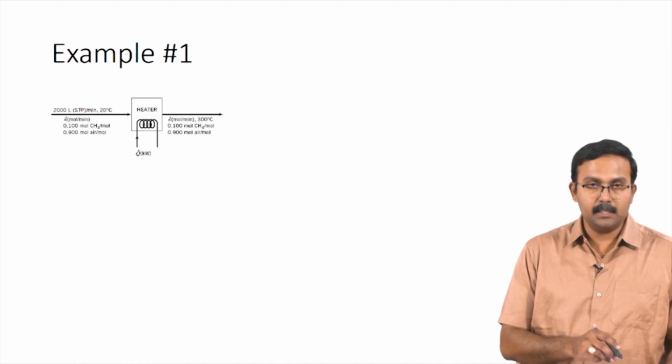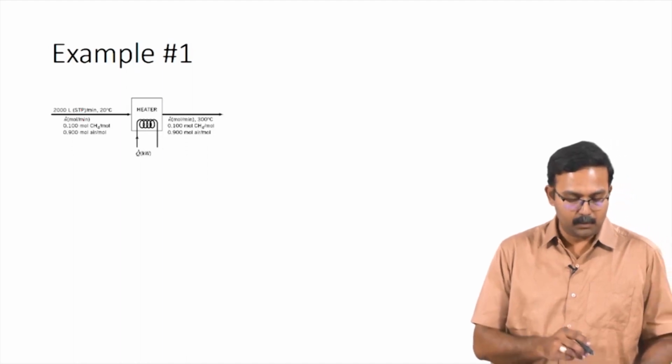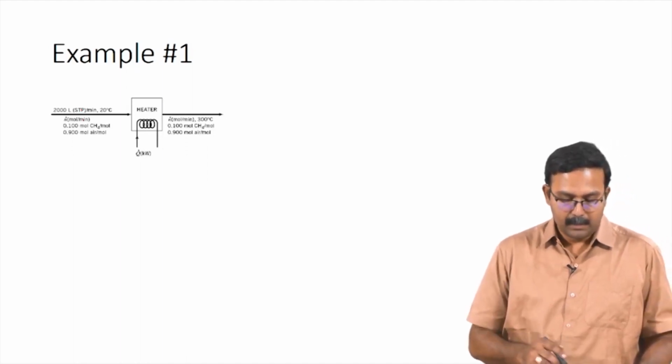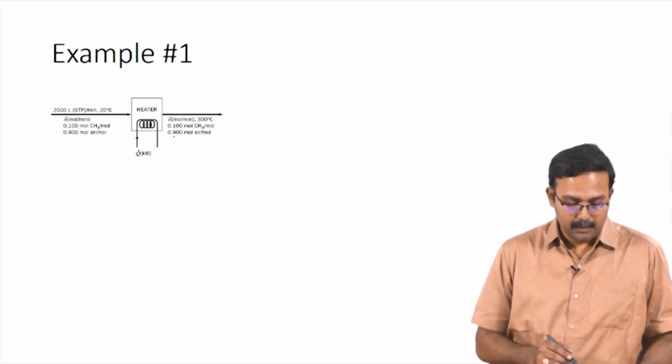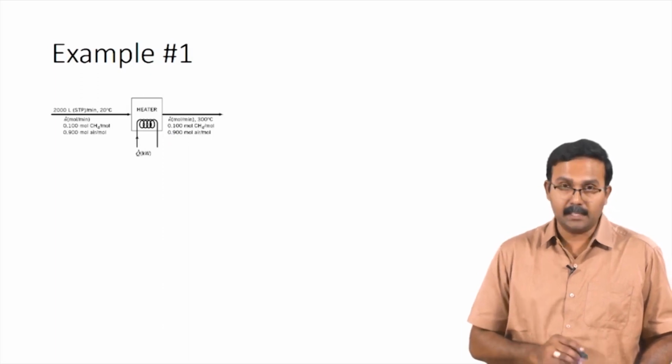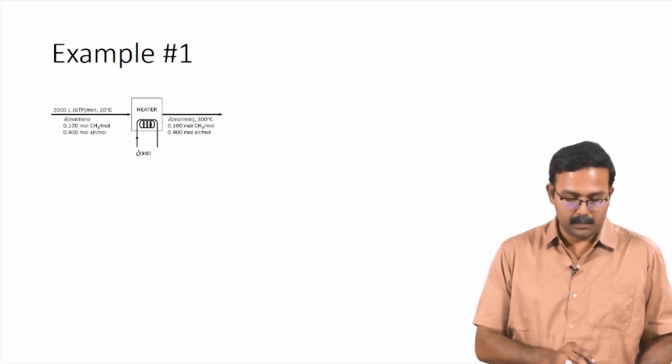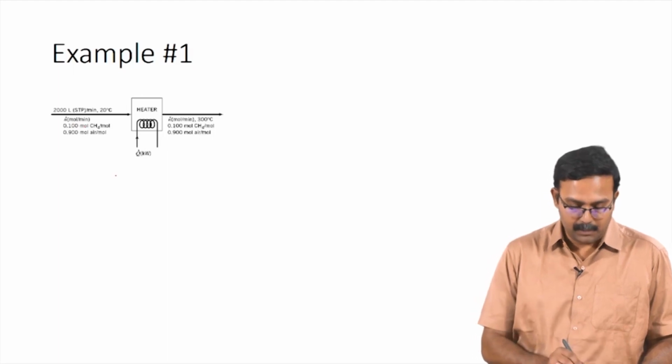This 2000 liters is the volume if the gas were present at STP, and you would have n dot moles leaving at 300 degrees Celsius with the same composition. Now, we need to identify what this n dot would be. Here there are no reactions happening, so whatever mixture is coming in would be leaving. So, the first step is for us to identify what n dot is.